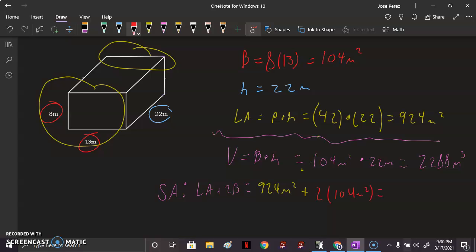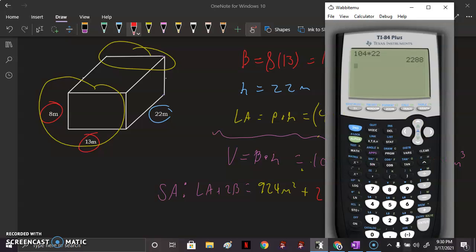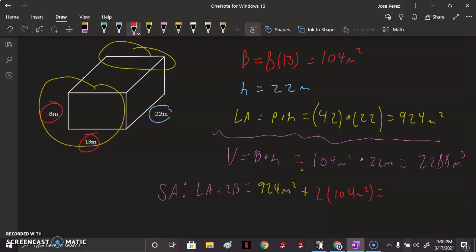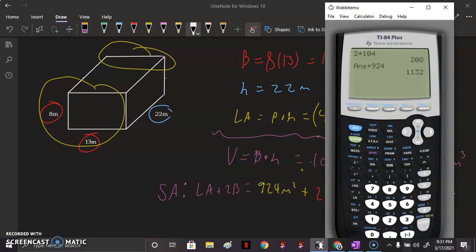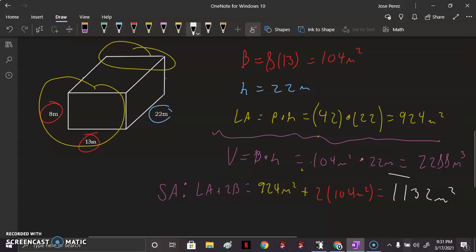If we multiply this, let's clear this up, 2 times 104, and we add the 924 meters squared, we get 1,132 meters squared. And let's see if I was right. Yep.